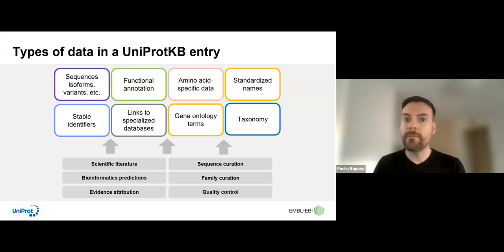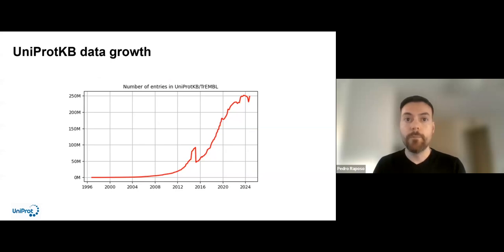It would be great to have manual curation for all of these proteins to have a more complete database. However, some proteins do not have any experimental data. So how can we characterize those in that situation? Moreover, how can we curate the exponentially increasing number of proteins coming into UniProt?